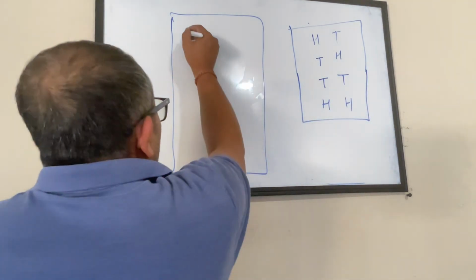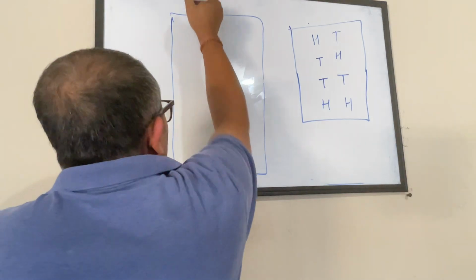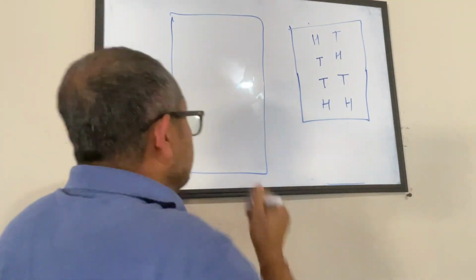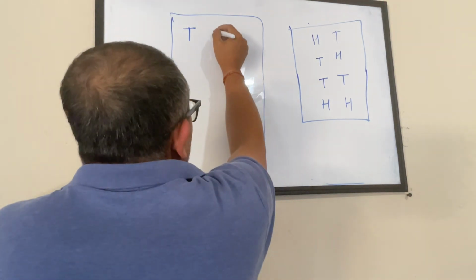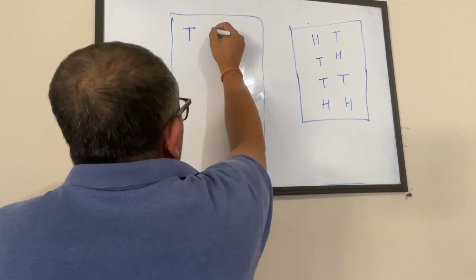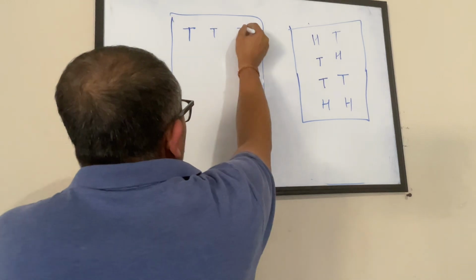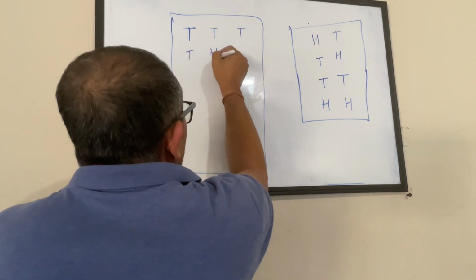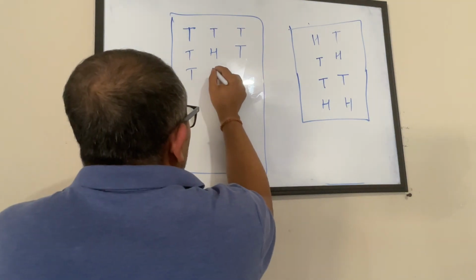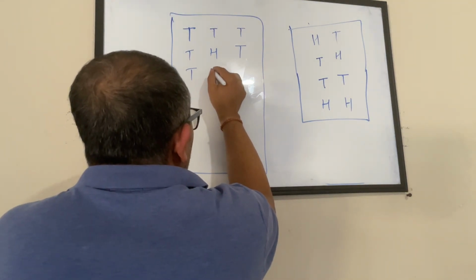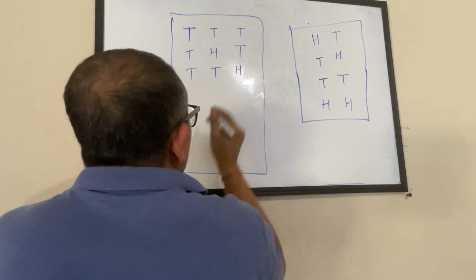Now look at a third combination where the same coin is tossed thrice. Then what are the possible options we can get? Tail, head, tail, head.